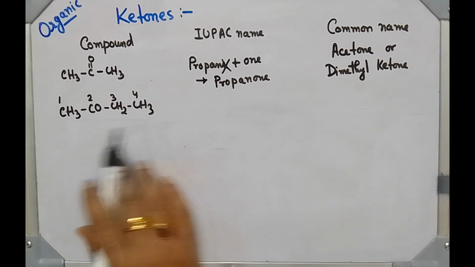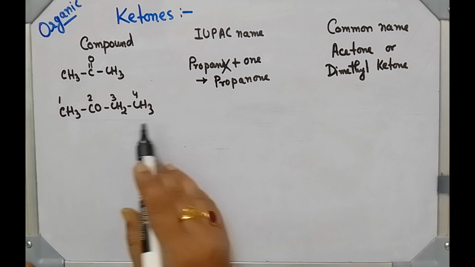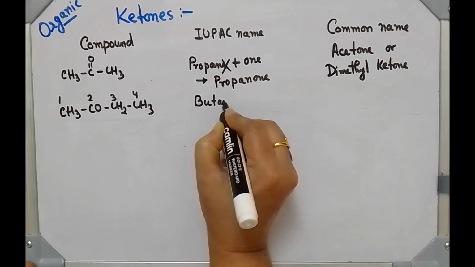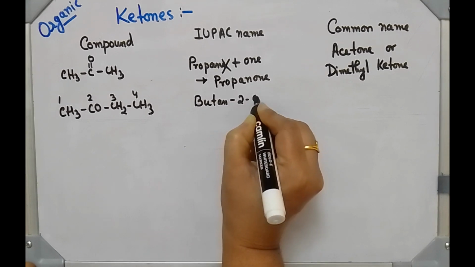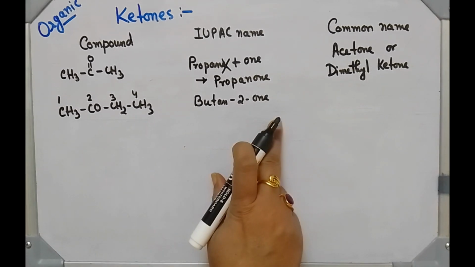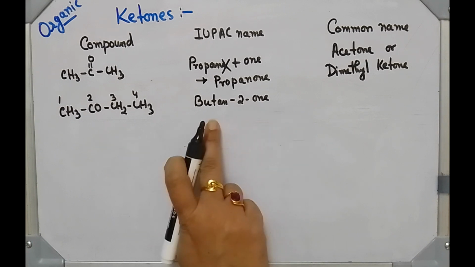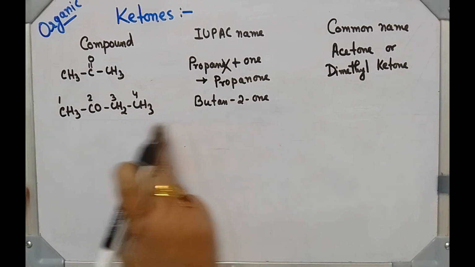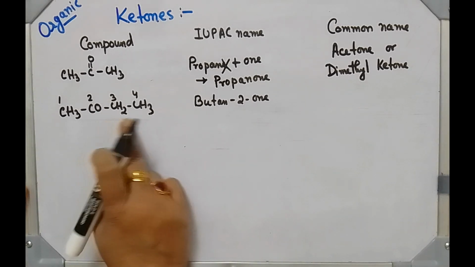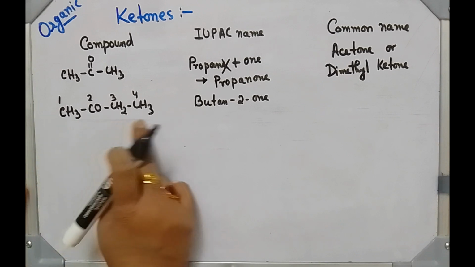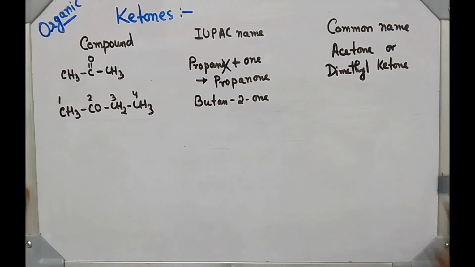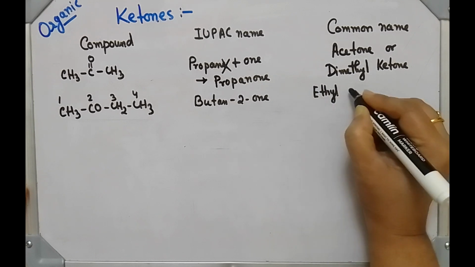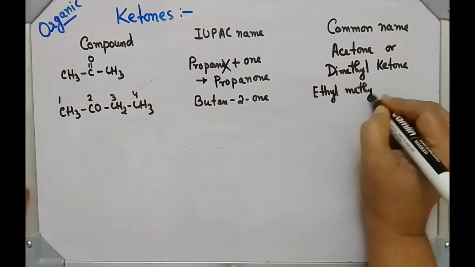We are not considering that one. This is the correct one. So its IUPAC name will be butan-2-one. At position 2 the ketone is there, and we have to drop this E. When we write the common name, this is an ethyl group and this is a methyl group; alphabetically E comes first, so we have to consider alphabetical order: ethyl methyl ketone.